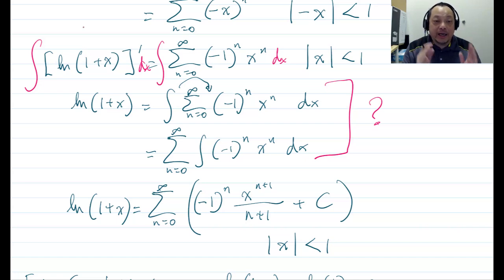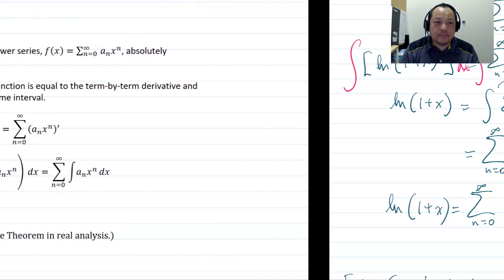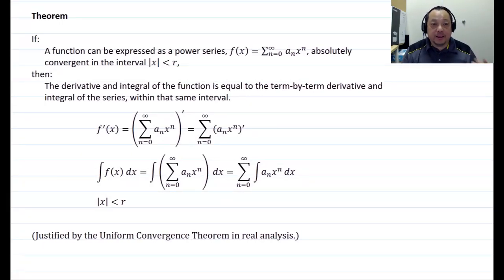So in reality, we are only allowed to switch the integral from outside the sum to inside the sum if there's a mathematical theorem that allows for that. And lucky us, yes, there is. It goes like this. If a function can be expressed as a power series, and it is absolutely convergent in the interval absolute value of x is less than some radius r, then we can take the derivative of the function by differentiating term by term.